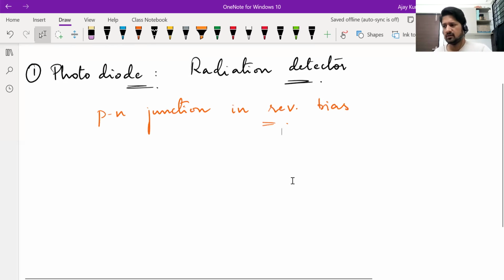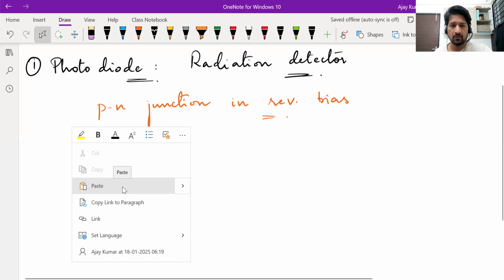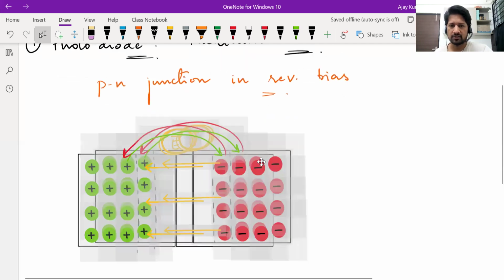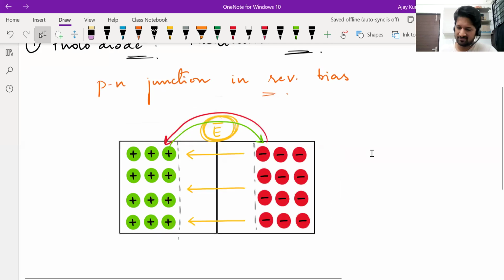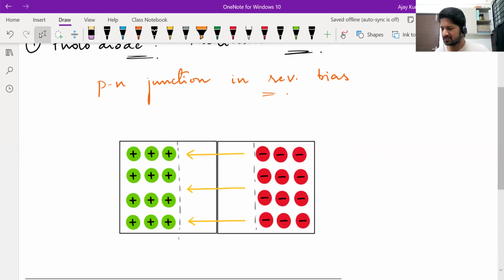Now, how much current flows through a PN junction in reverse bias? Fine. Basically, in reverse bias, the current through a junction is negligible. In an ideal case, we take it to be zero.